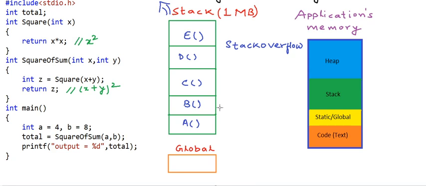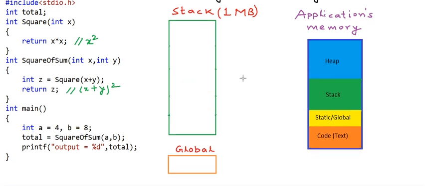For all these requirements, like allocating large chunks of memory or keeping a variable in memory till the time we want, we have heap. Unlike stack, an application's heap is not fixed. Its size can vary during the lifetime of the application, and there is no set rule for allocation and deallocation of memory.